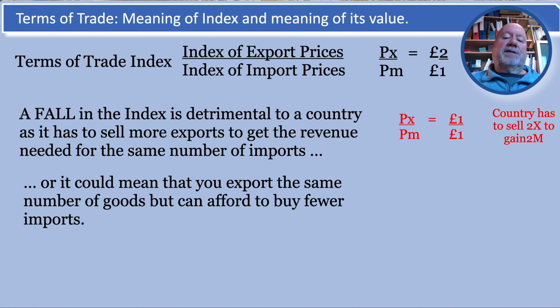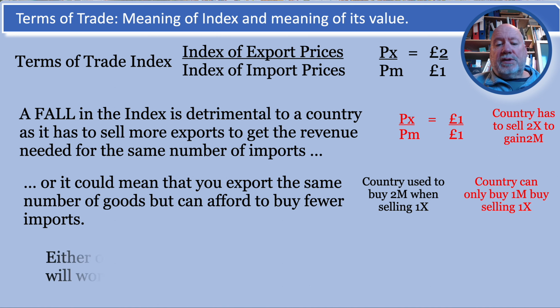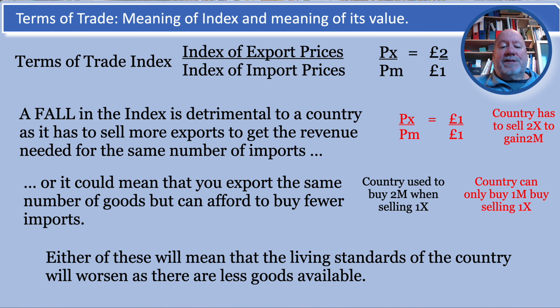The other way of looking at it is that you could export the same, but then you can afford to buy fewer imports. So here, before the index fell, okay, to this 1-to-1, I used to buy 2 imports when I was selling an export. So I sold my export, got my 2 imports. Now I sell an export and I can only buy 1 import. So whatever happens, the standard of living will worsen if the Terms of Trade Index falls.